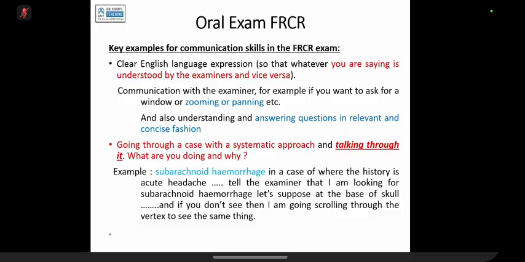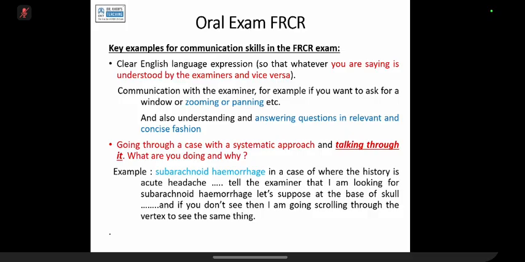Communication means that you have to speak very clearly. Your expression should be very clear, and whatever you are saying should be understood by the examiners, and vice versa. Whatever they ask you, for example, they ask you a question, your answer should be very precise and to the point.